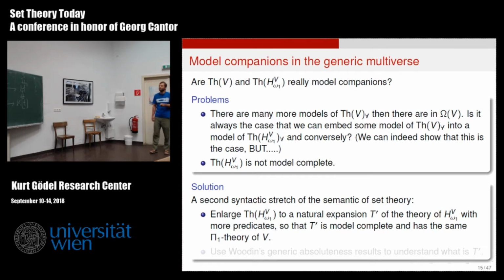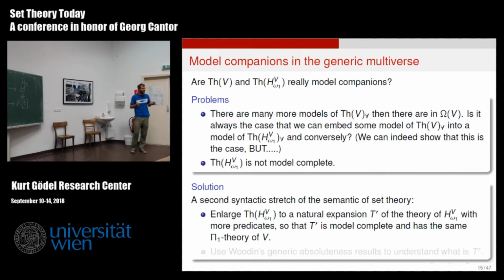So we have to make our second syntactic stretch of the theory of set theory. We have to add more predicates, so that now our T prime is model complete and has the same Pi1 theory of V. Before, we were forced to add the predicates in order to have something meaningful.